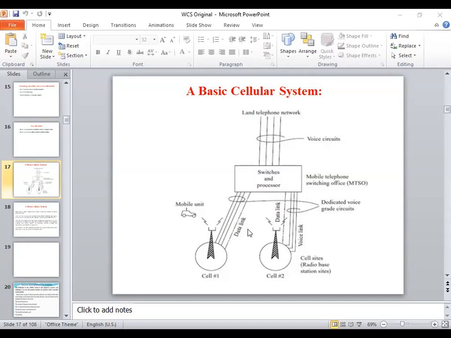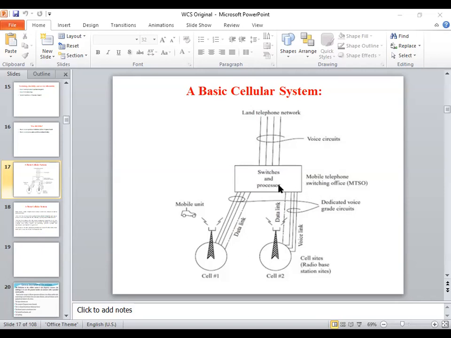All these components are included in the cell site. This is cell site number 1, and this is cell site number 2. The data link provides the data and voice, where you can send your voice data. The landline telephone network can also communicate with the MTSO.